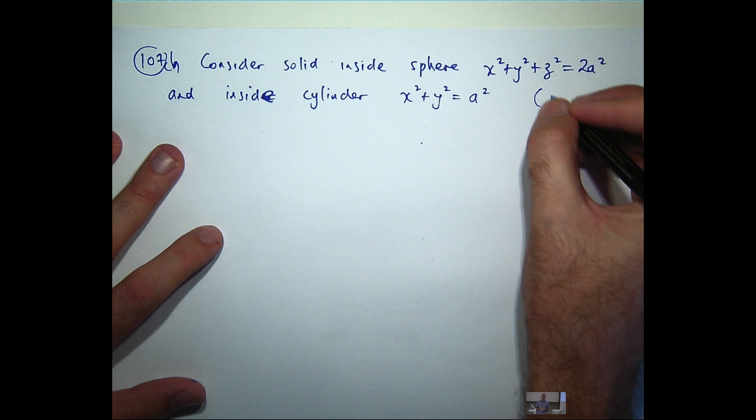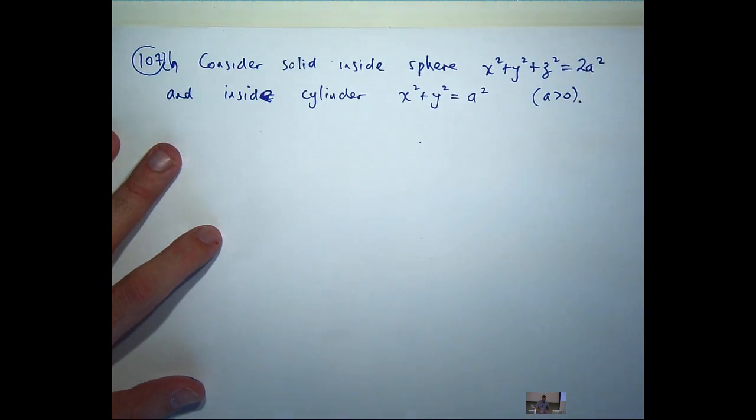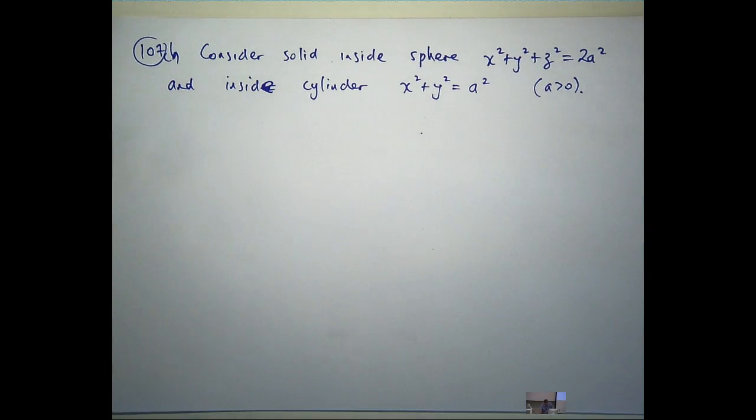So A is just a constant, a positive constant. So the first thing with this one is I would just draw a picture.